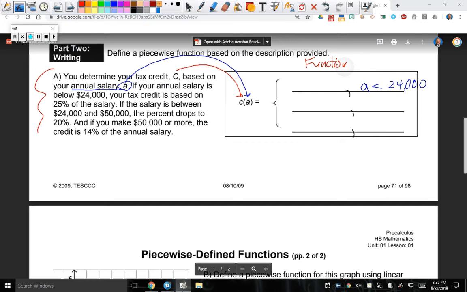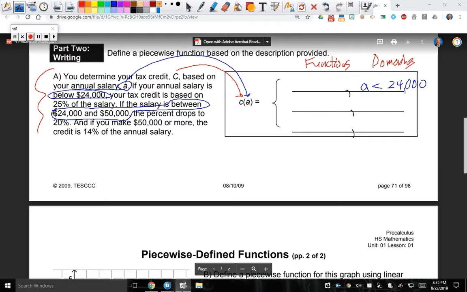And then you have the domains. Okay? Now, what we just wrote was this right here. Below 24,000. Next one says between 24,000 and 50,000.